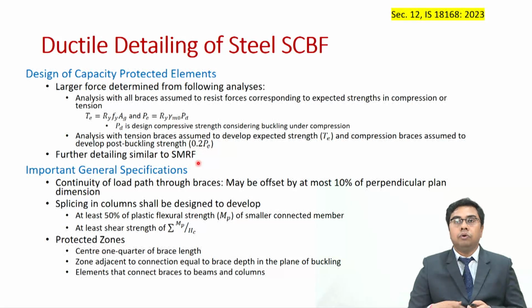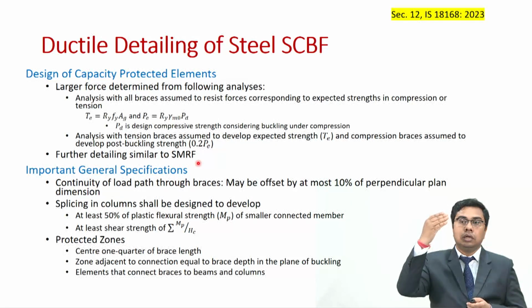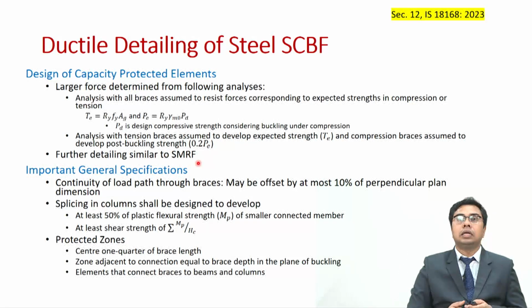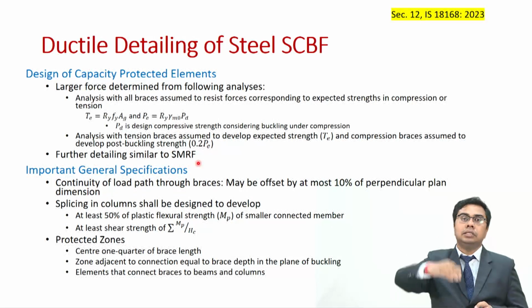Now, there are some more general specifications that we should understand, that the load path through the braces should be kept consistent. That is, we should not have an offset of the braced bay by more than 10%. That is why you will find in any of the braced frame buildings, whichever bay is braced, that is braced up to throughout the height.